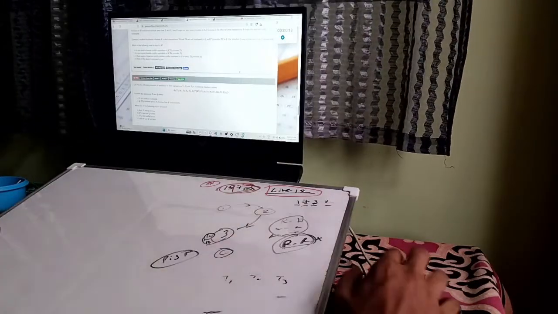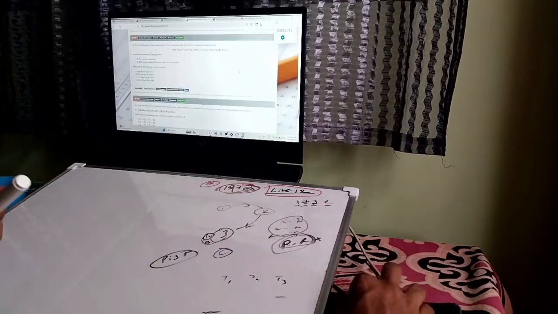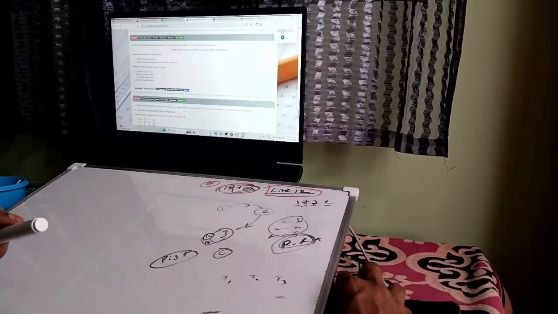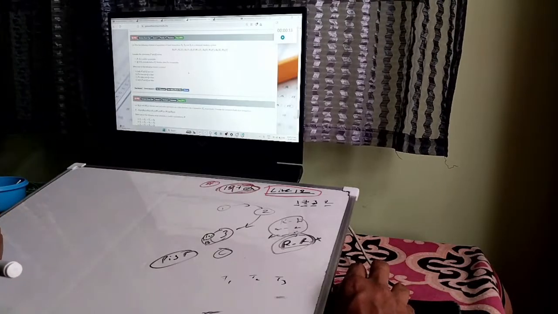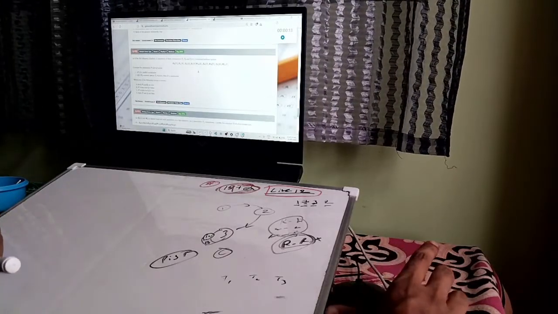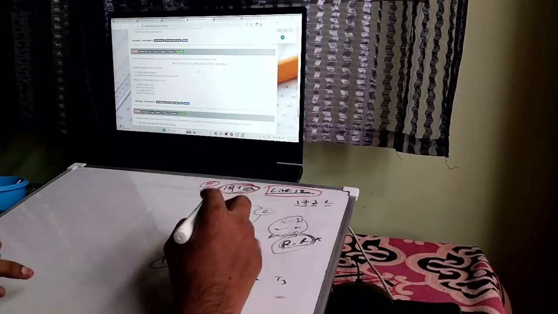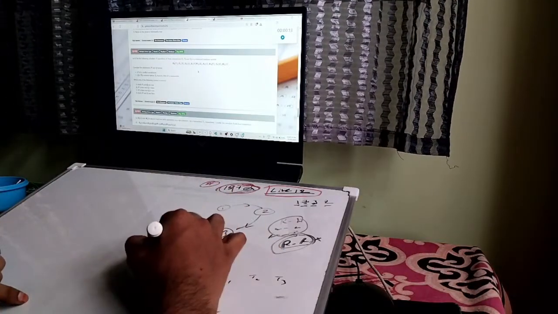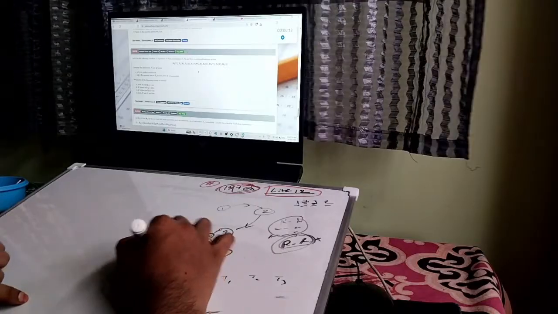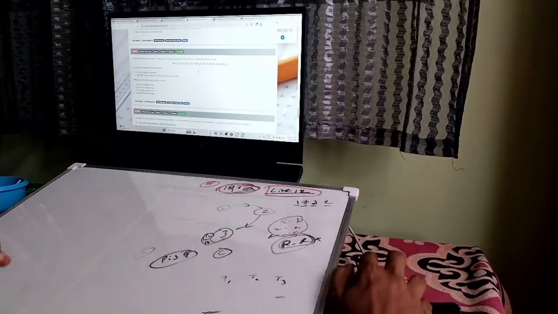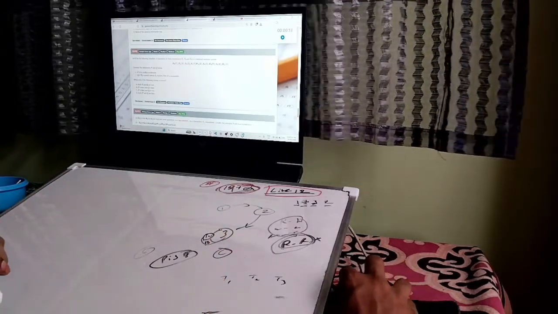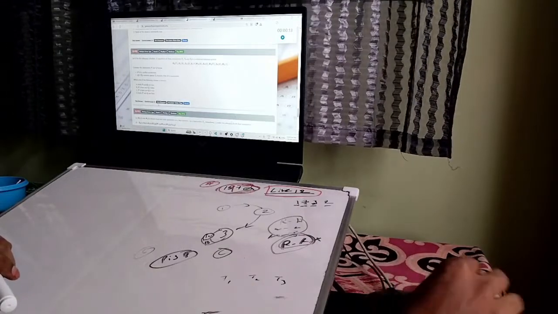So what is the recoverable concept? Yes, it is conflict serializable, but it is not forming a cycle, so it's conflict serializable. Yes, it's true.